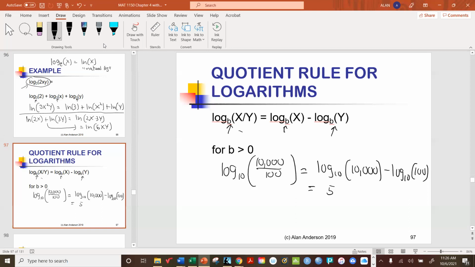All right, let's look at another example of this power rule. Oh, this is where I'm demonstrating why it's true. All right, we've already done that, except with log b. Let's do an example. Here's a good one. Now remember, the square root of x is the same thing as x to the 1/2. So look what I've done.